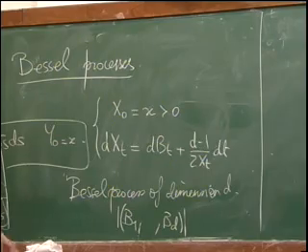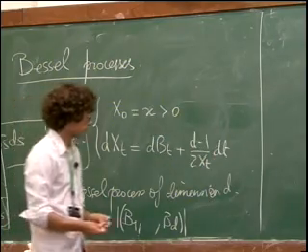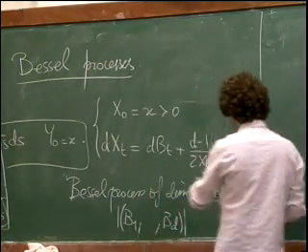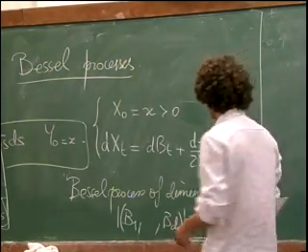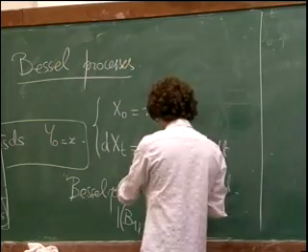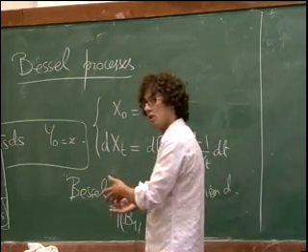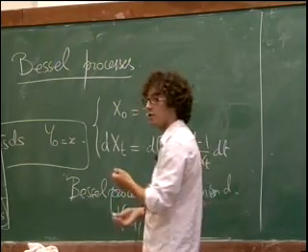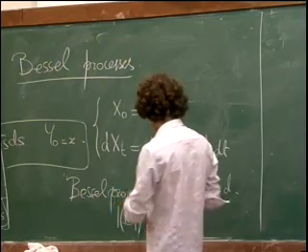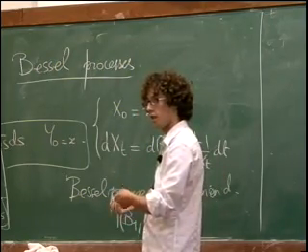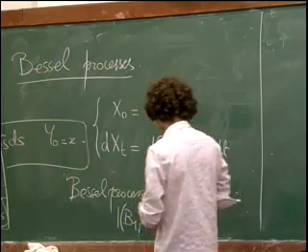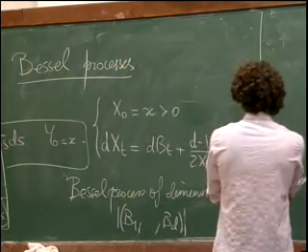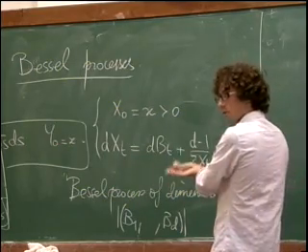Okay? So at least for integer, yes? So you take a d-dimensional vector from which all the entries are Brownian motions, then it gives you this process. It's not completely trivial, you have to check.